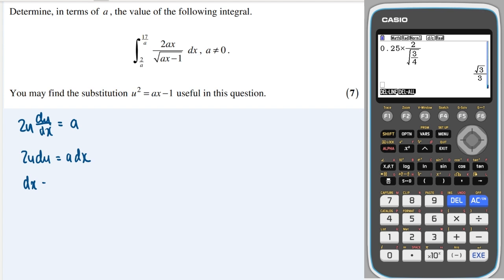So dx is equal to 2u du over a. Okay, that's going to be useful. We also know that obviously u is equal to the square root of ax minus 1. And also quite useful is that ax is going to equal u squared plus 1.